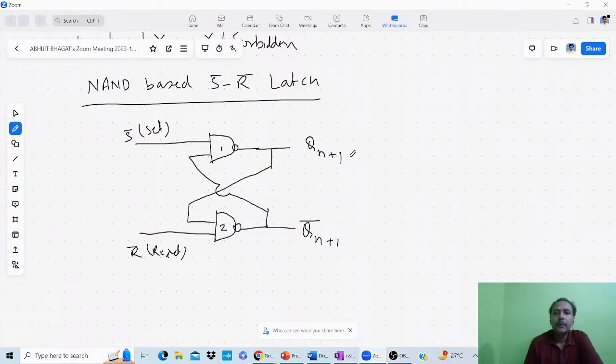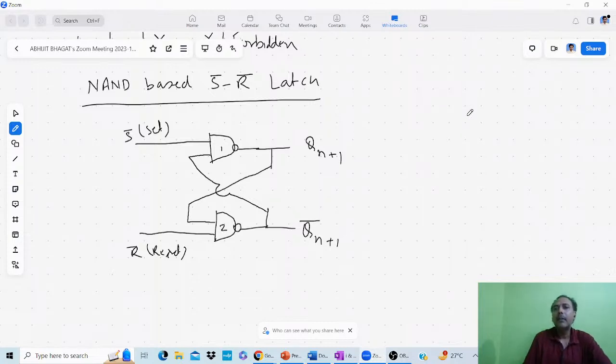Suppose this is time n, and you provide the input at time n, then you will get that output at time n plus 1, means next. You can write Q or Q bar also, there is no issue.